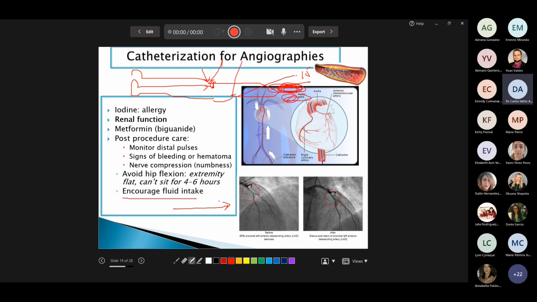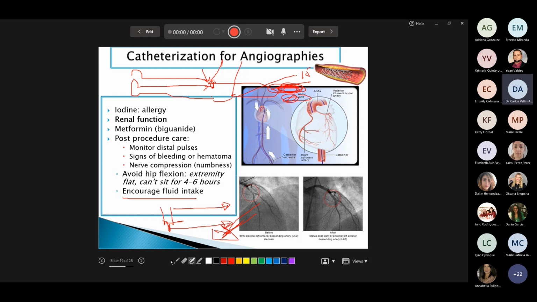Anytime that iodine or a radioactive contrast is injected, because some scans use radioactive contrast, you need to drink a lot of water, or some IV fluid can even be added, to flush the body of this contrast and to pee out those contrasts.